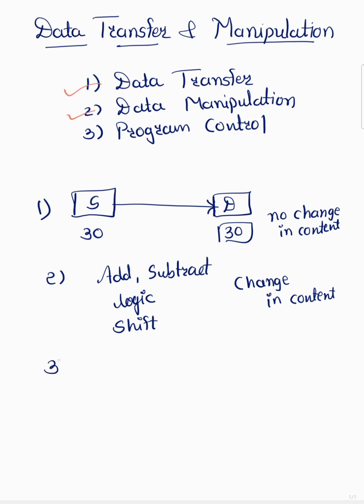Then the third one is program control instruction. That means that provides decision making capabilities, right? We need to have some decision, right? So that decision making capability is under the program control instruction, and it will change the path. Suppose we have an if else, right?